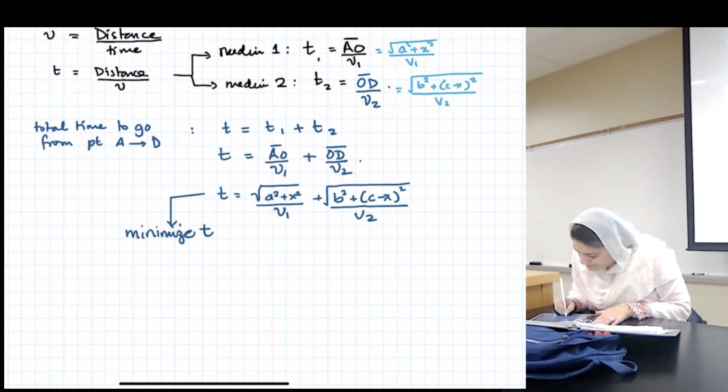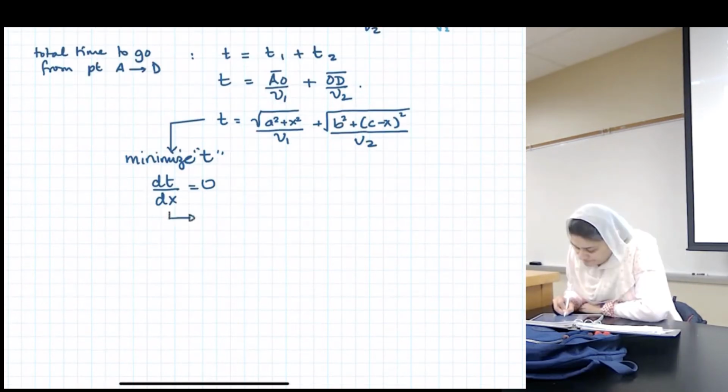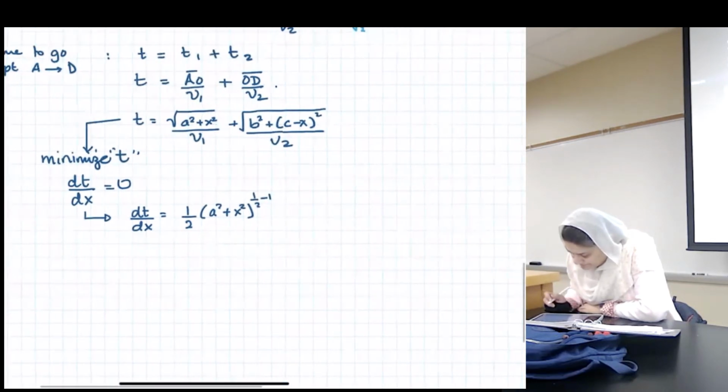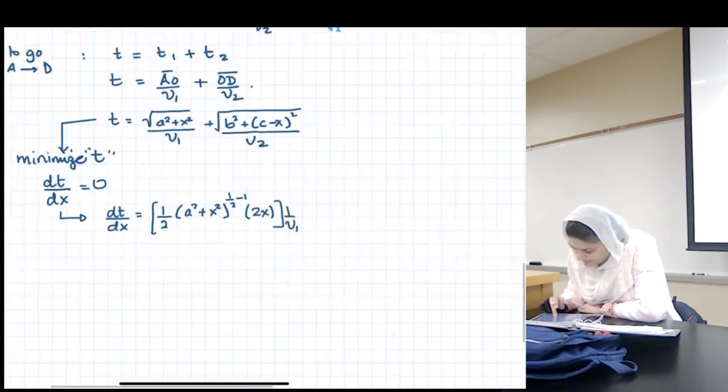To minimize time, we have to do dt over dx and put it equal to 0. So this will be 1/2 (a squared plus x squared) to the power 1/2 minus 1, and then 2x, and then 1 over V1 will remain there.